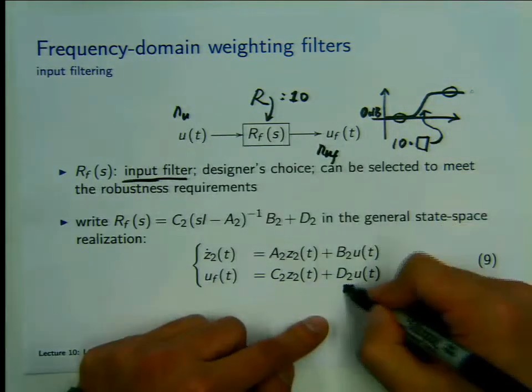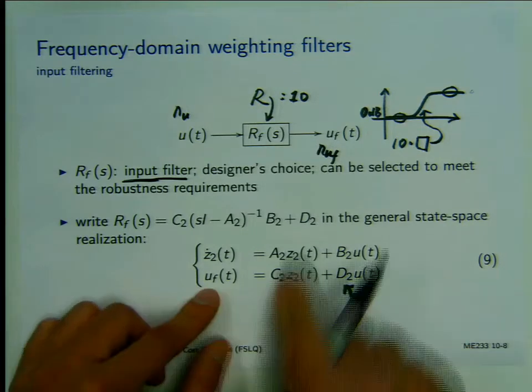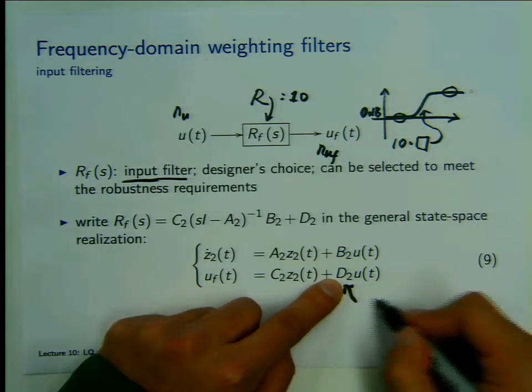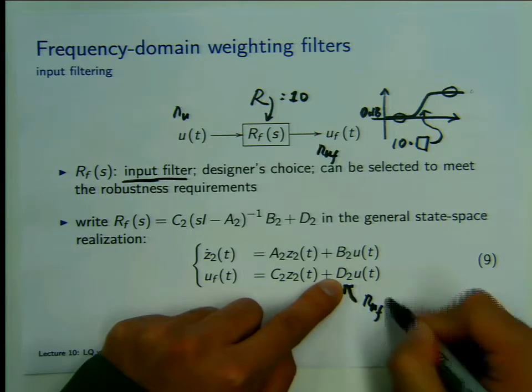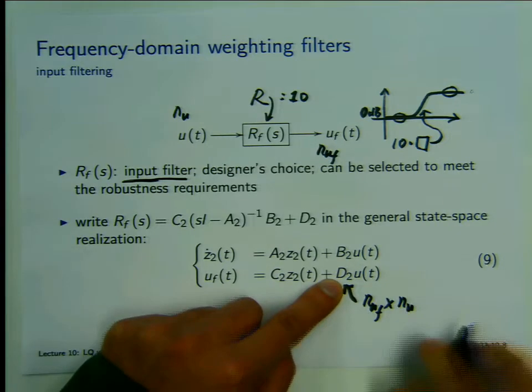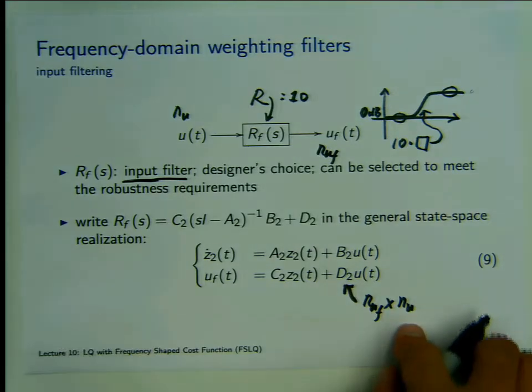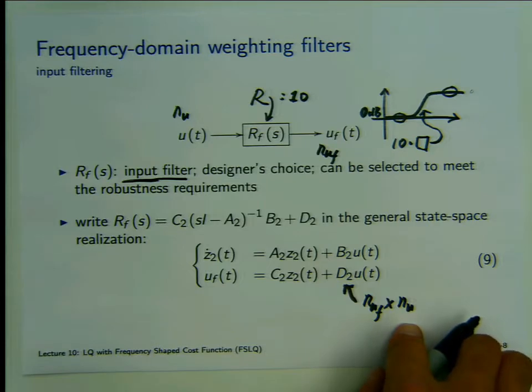The easiest way to check whether your design is correct is to check the dimension of D2. The dimension of D2 should be NUF times NU. So make sure you check the dimensions, and this is something that has to be true.